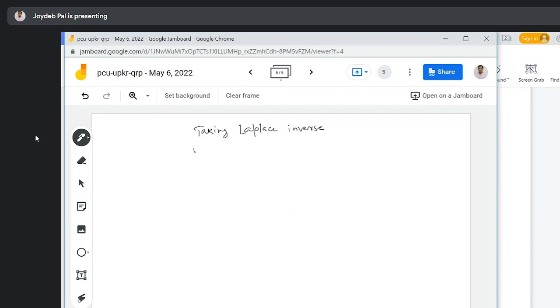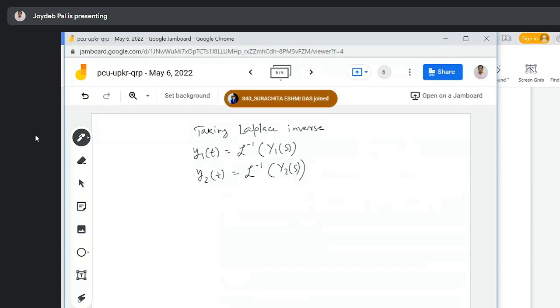we will get y1(t), which is the Laplace inverse of Y1(s), and y2(t), which is the Laplace inverse of Y2(s). Okay, that y1 and y2 together is called the solution of the system of ODEs.